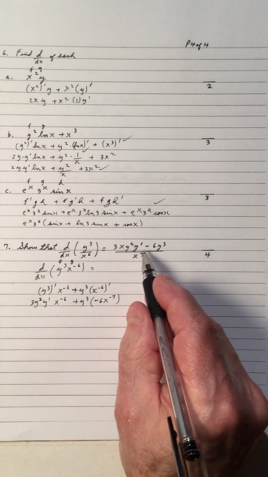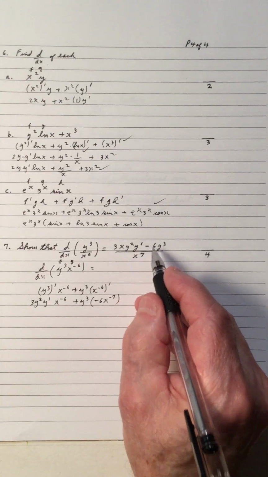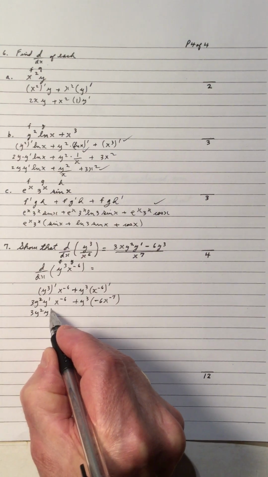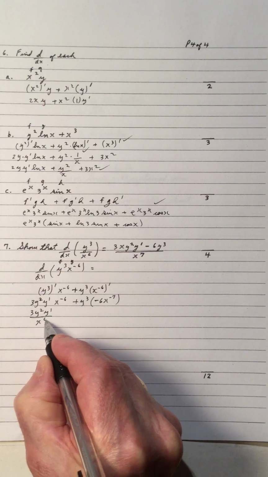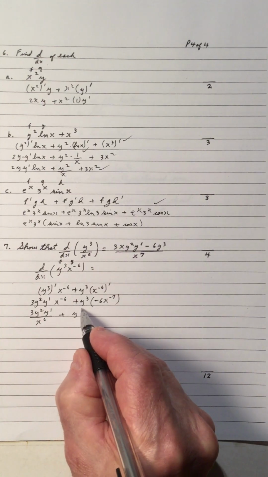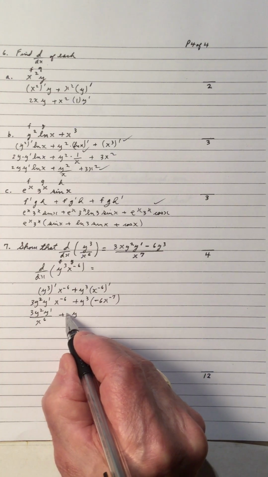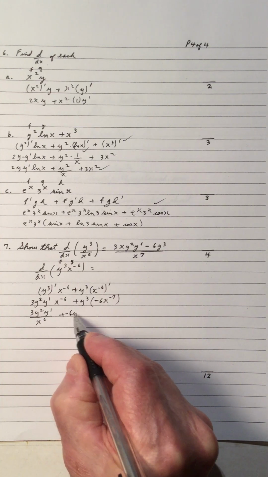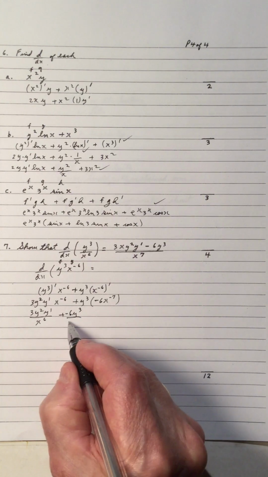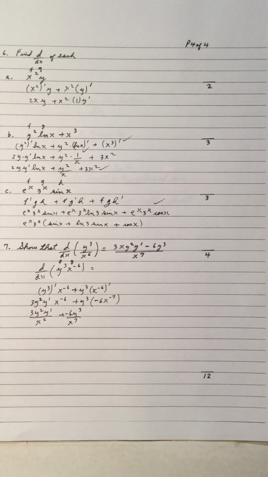Now we want to get it to look like this, so that means there's no negatives here. So we get 3y squared y prime over x to the 6th. And we have y negative 6 y cubed, and x to the negative 7 goes down the bottom.